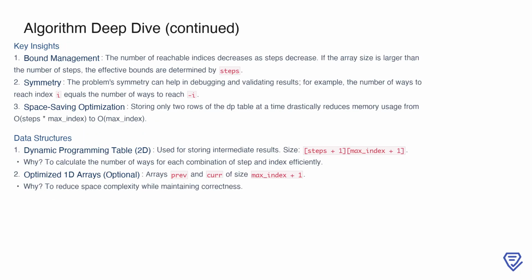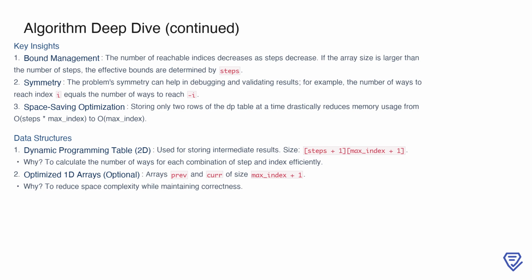There are several key insights to note here. First, the bounds of reachable indices shrink as the number of steps decreases. If the array size is larger than the number of steps, the effective bounds are determined by the number of steps. Second, the problem exhibits symmetry. For example, the number of ways to reach index i is the same as the number of ways to reach index -i. This symmetry can be useful for debugging and validating results.